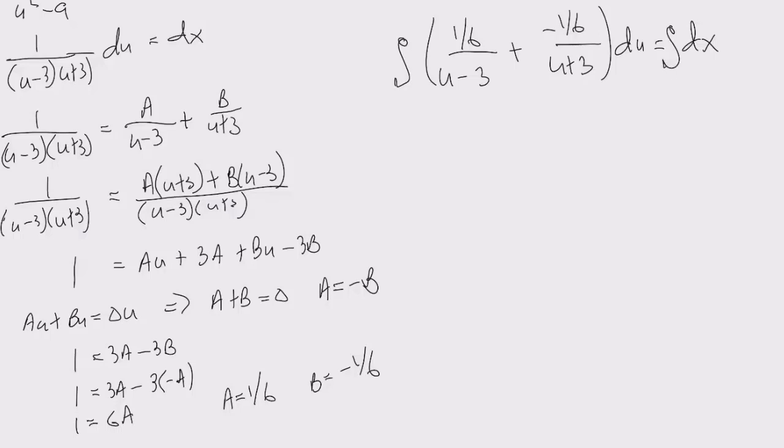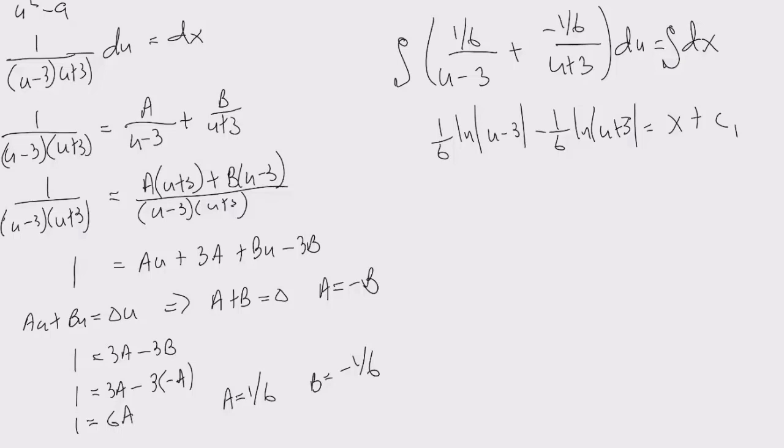So on the left side, I'm just going to have a bunch of ln's. So 1/6 ln of u minus 3 minus 1/6 ln of u plus 3. And on the other side, we'll just have our x plus a constant, and I'm just going to name that C1 for right now.